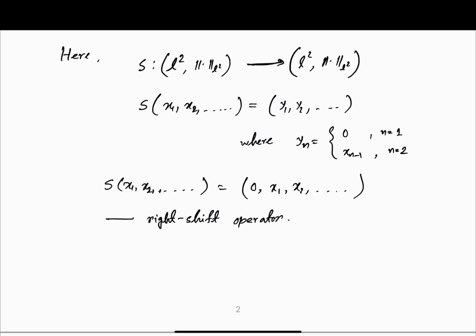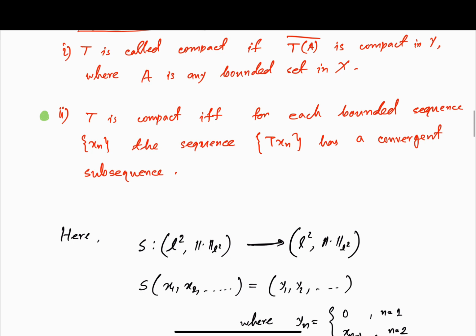So you have to check whether this right shift operator is compact or not. We'll use the last characterization. You have to find a bounded sequence such that S of that sequence has no convergent subsequence. So we'll show that S is not a compact operator. Claim: S is not a compact operator.